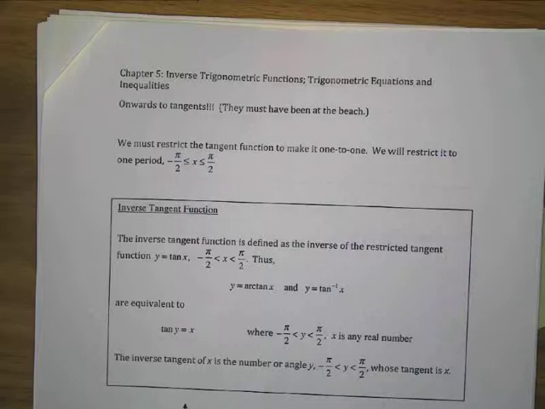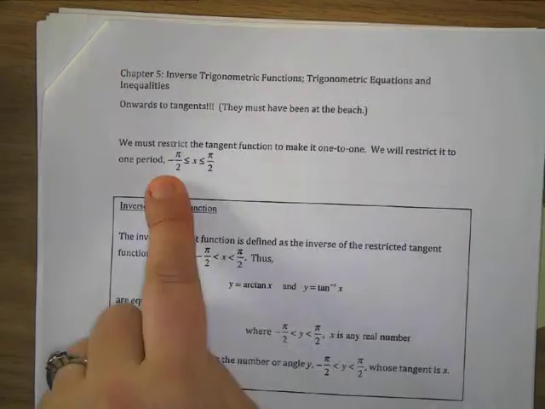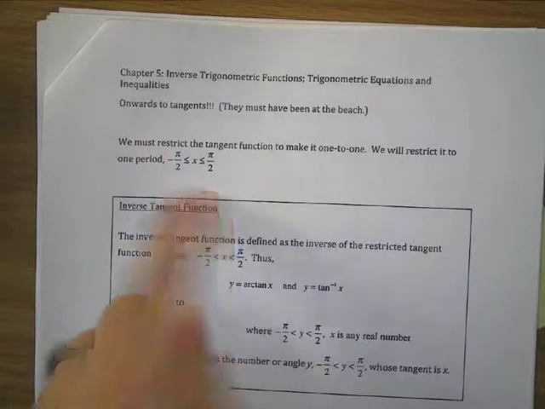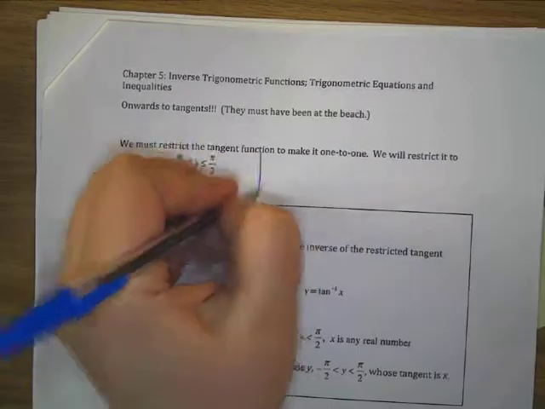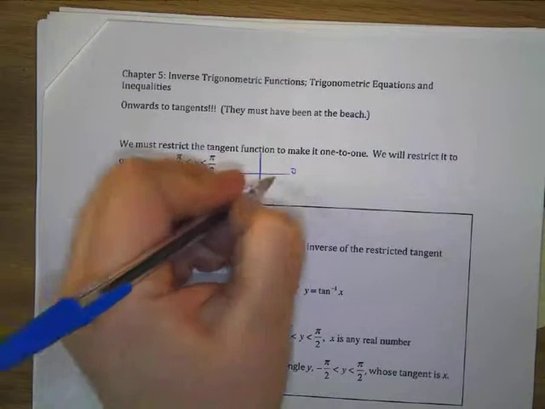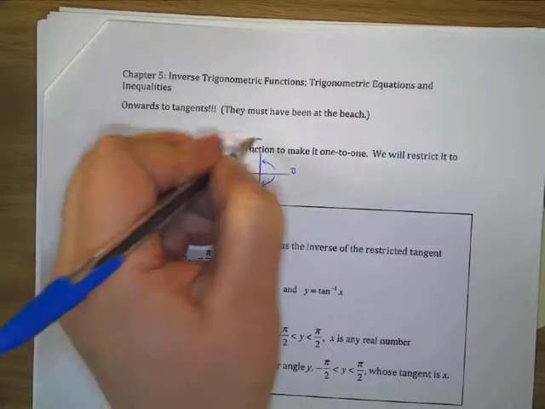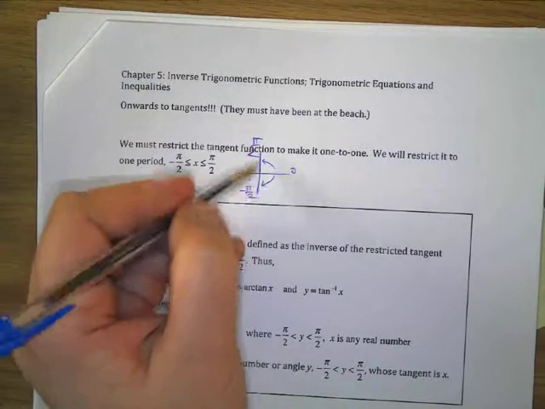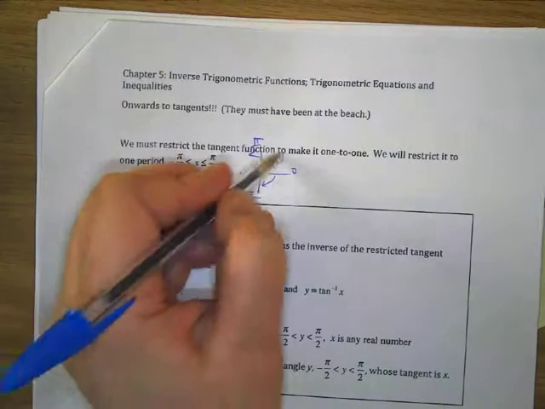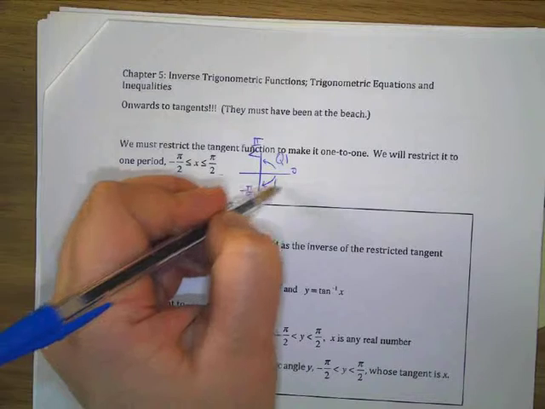All right. So for tangent, it's restricted from negative pi over 2 to pi over 2. So which two quadrants is that? So here's 0. So negative pi over 2 is right here. Positive pi over 2 is right here. So what are those two quadrants? Quadrant 1 and quadrant 4.